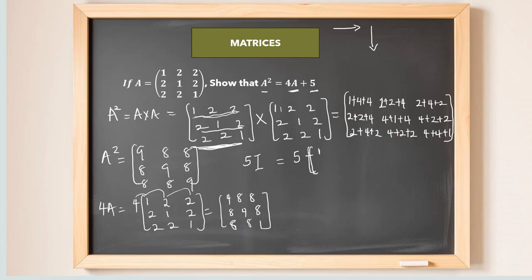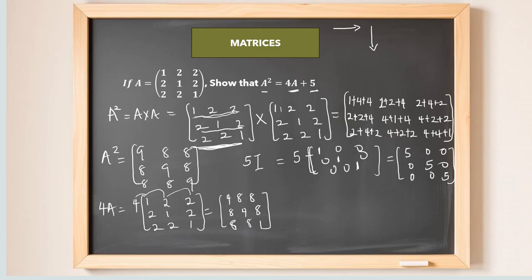That means the diagonals are going to be 1 and the off diagonals are going to be 0. This is how it looks. And if 5 is multiplying this, here we're going to have 5, 0, 0, 0, 5, 0. The off diagonals are going to be 0 and the diagonals are just going to be 5.